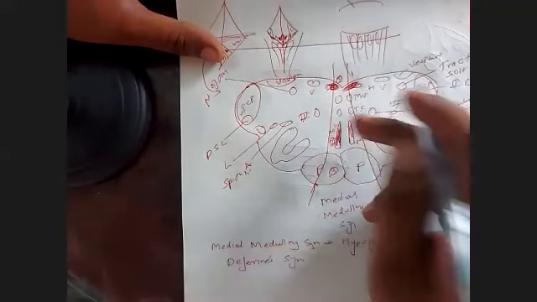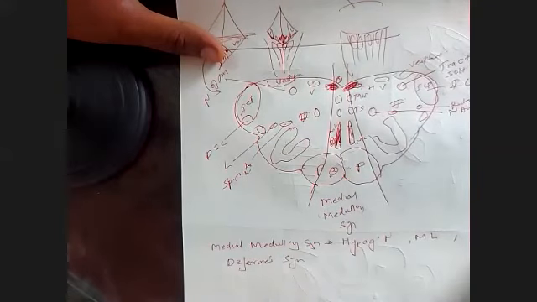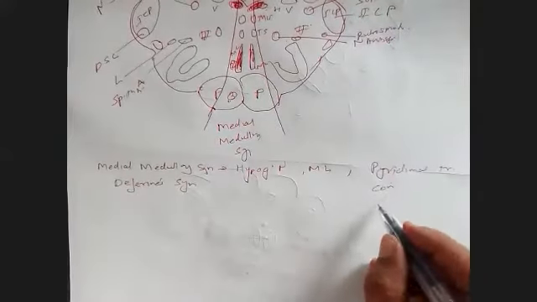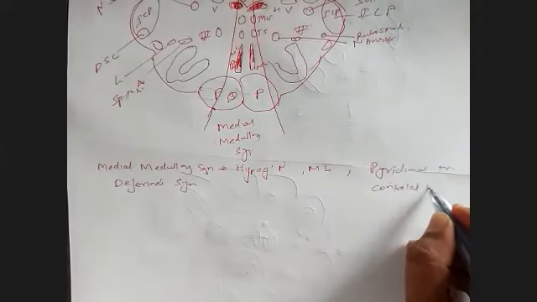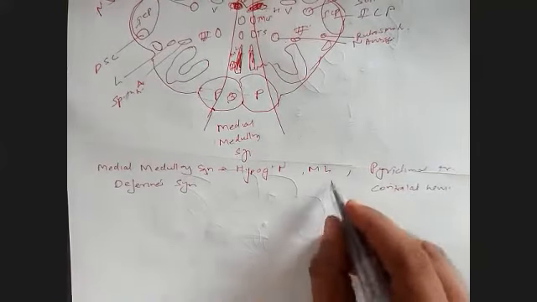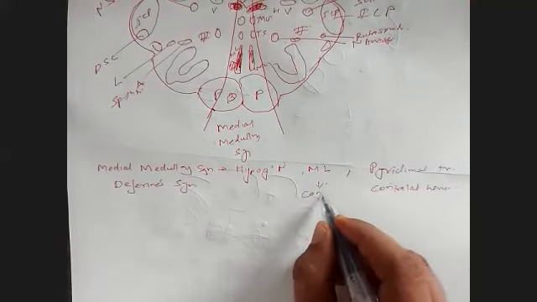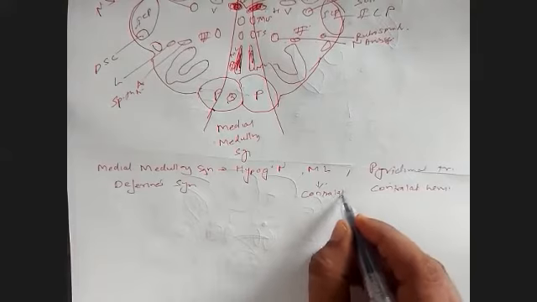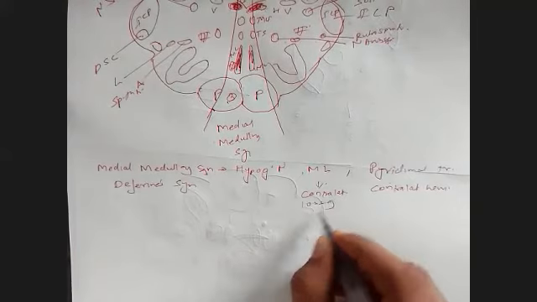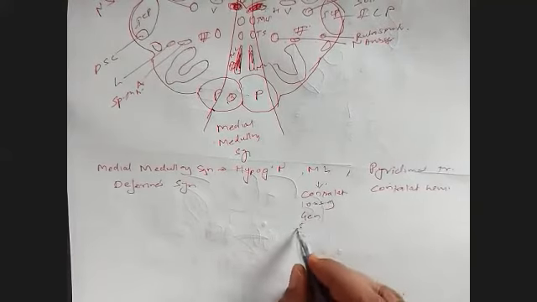The effects of this will not be so prominently seen, but these effects are prominently seen. When the pyramidal tract is gone, there is contralateral hemiplegia. When the medial lemniscus is gone, there is contralateral loss of general sensation.